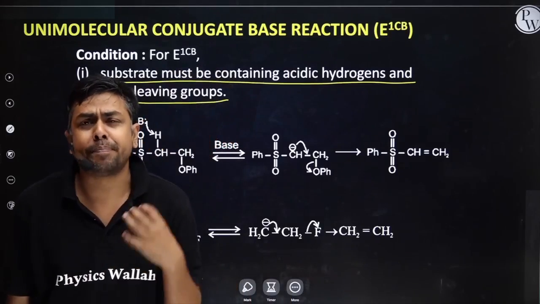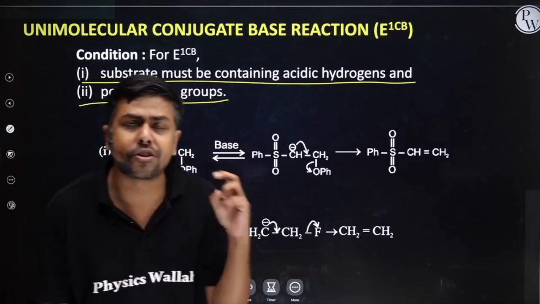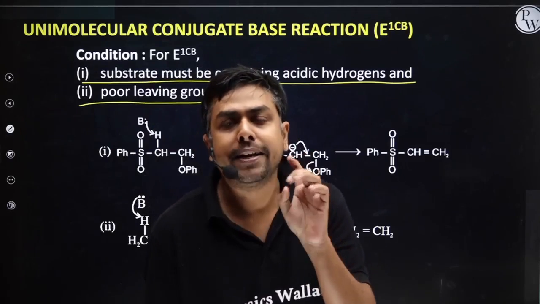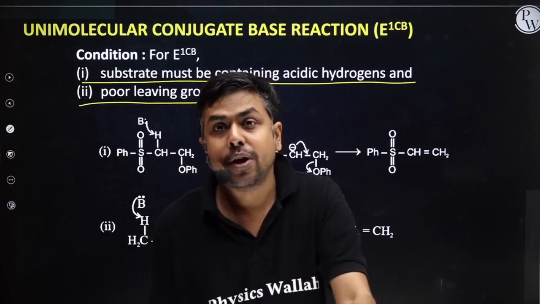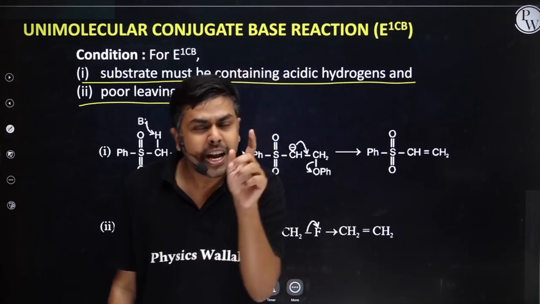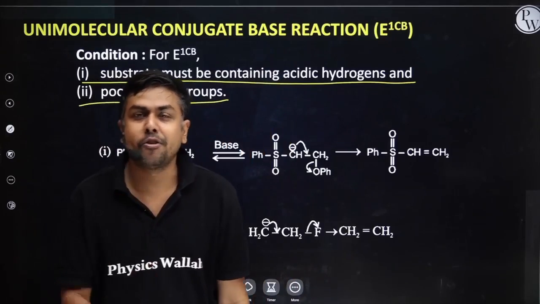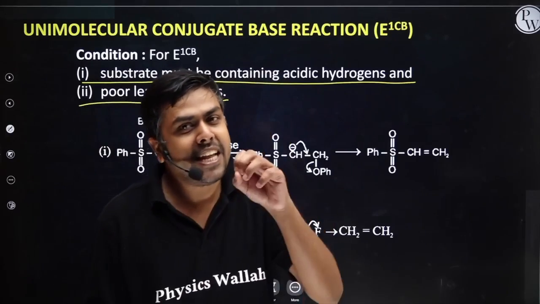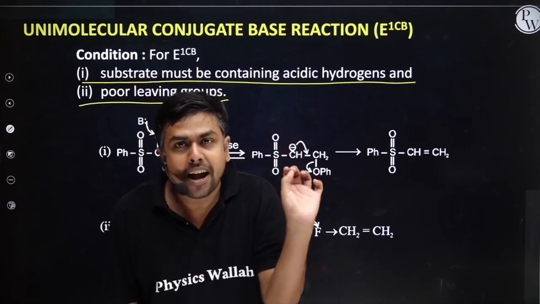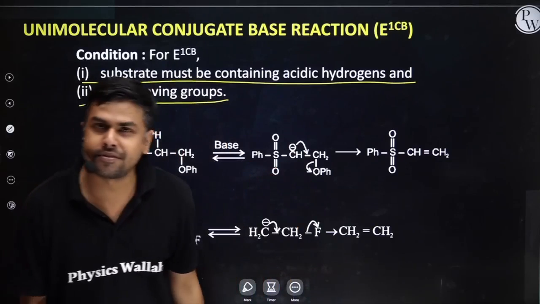Or we can say the presence of an electron withdrawing group should be there on the beta carbon. If an electron withdrawing group is there on the beta carbon, it will make the beta hydrogen more acidic, right? And if the beta hydrogen is more acidic, the base will easily snatch it, and I will have the formation of a carbanion.